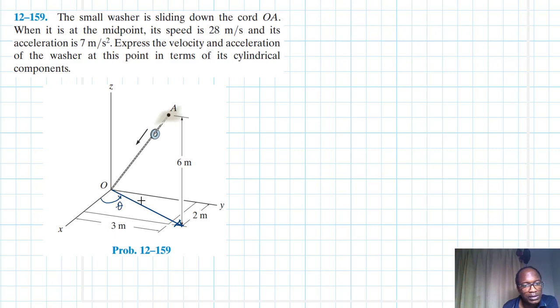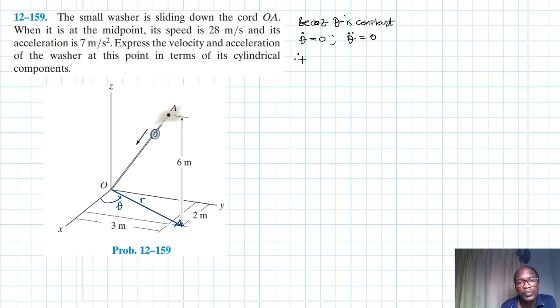This is theta, this is R. Okay, so let's write something and say because theta is constant, theta dot is equal to 0 and theta double dot is also 0.